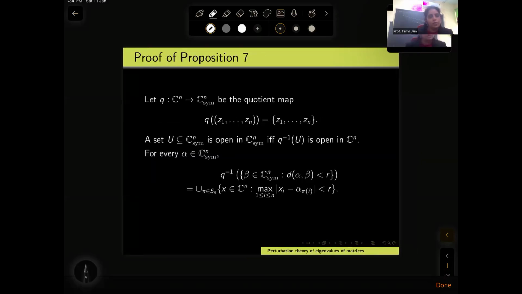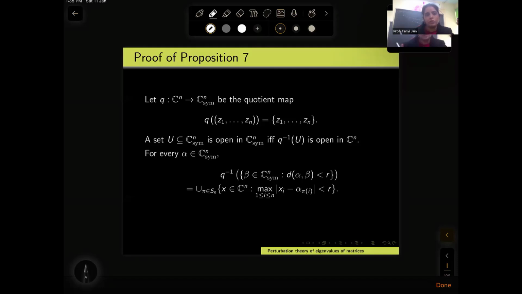I'll give you a very strong hint that almost gives away the whole thing, as to why this is so. Let's recall what the quotient topology is. We have the quotient map, a map from C^n to C^n_sim. It takes an n-tuple z_1 till z_n to the multi-set, that is, the unordered tuple.